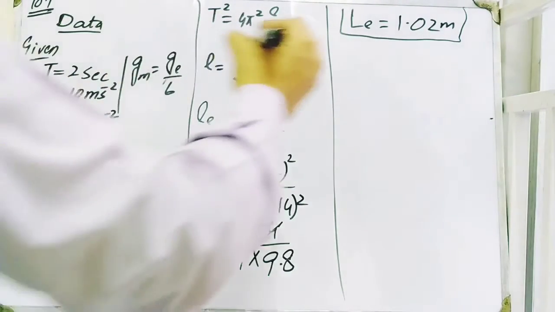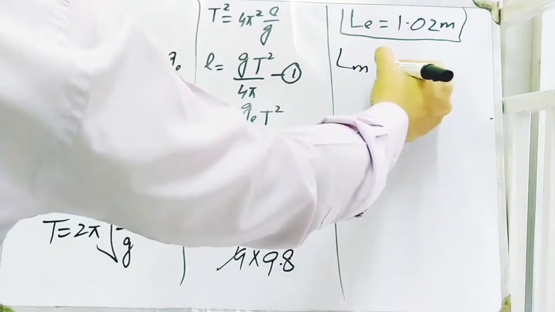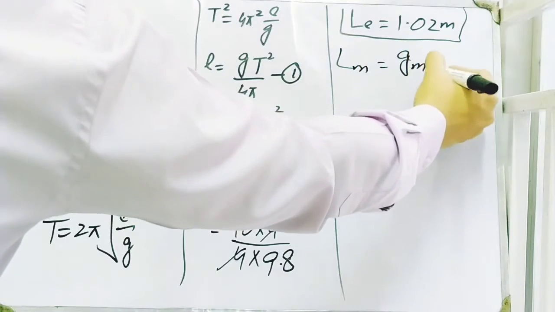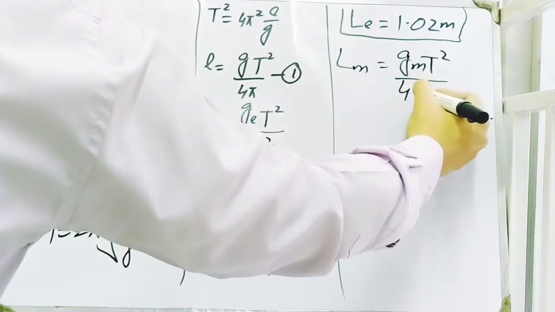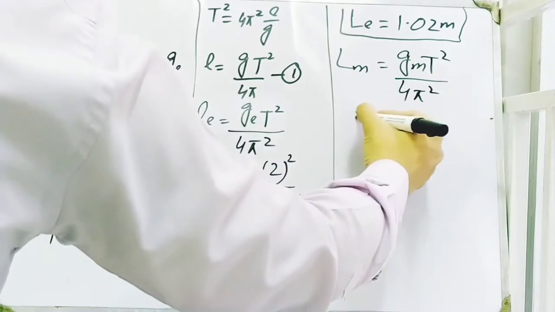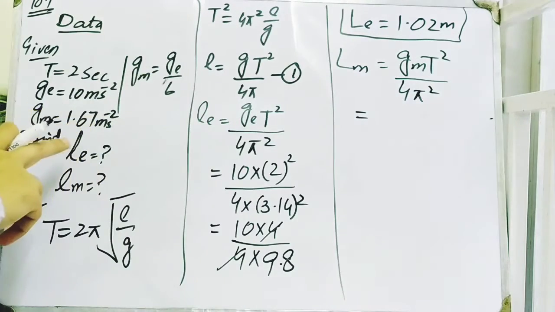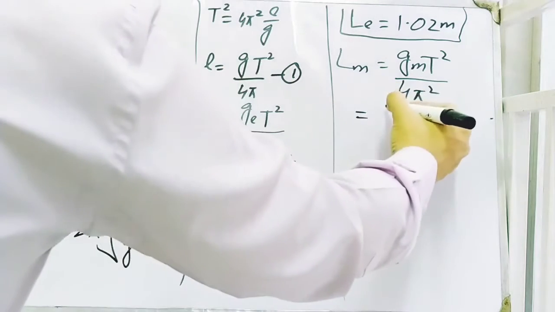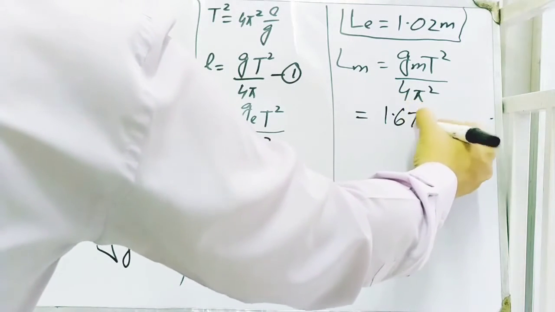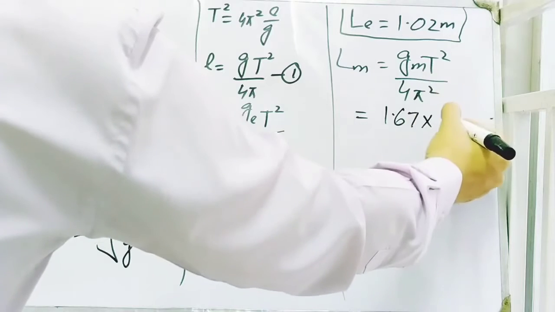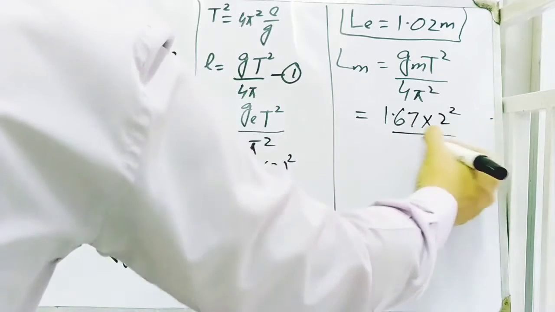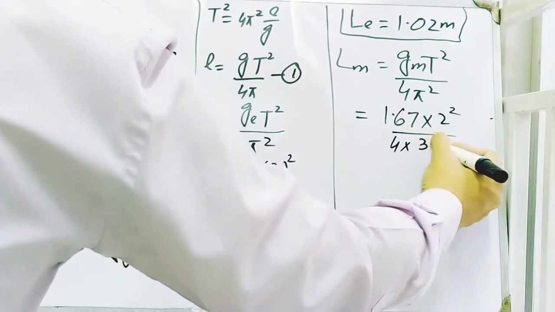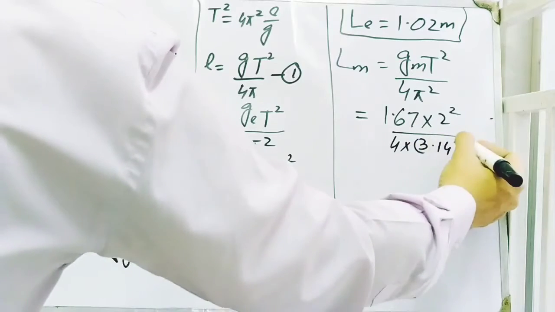Now for moon, LM is equal to GM T square divided by 4 pi square. So GM we are going to pick from the data, which is 1.67. So 1.67 multiplied by T square, which is 2 square, divided by 4 into 3.14 whole square.